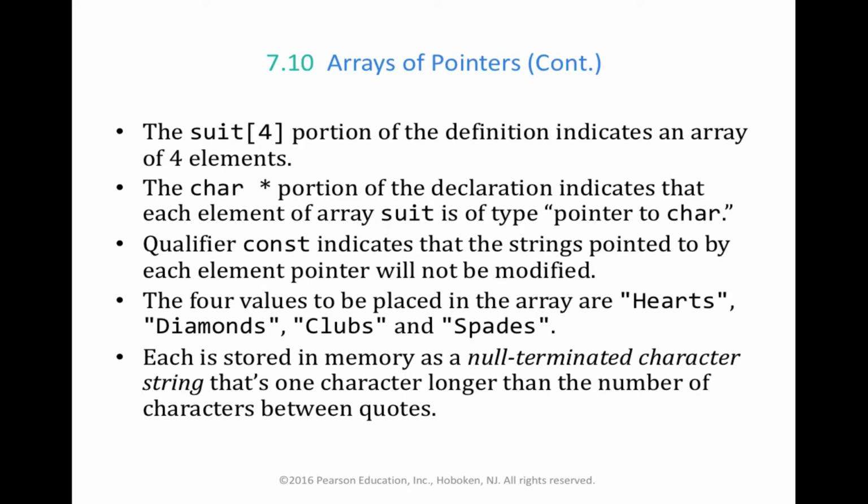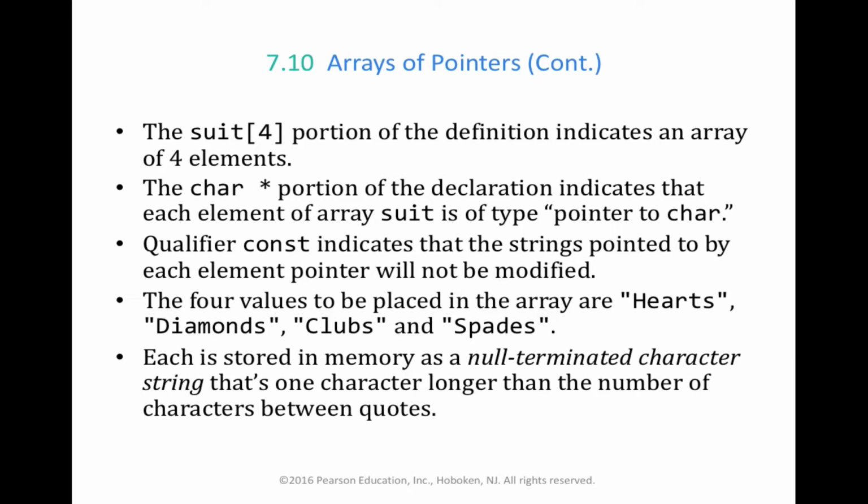The suit[4] portion of the definition indicates an array of 4 elements. The character pointer portion indicates that each element of array suit is a pointer to a character. The qualifier const indicates that the strings pointed to by each element will not be modified.